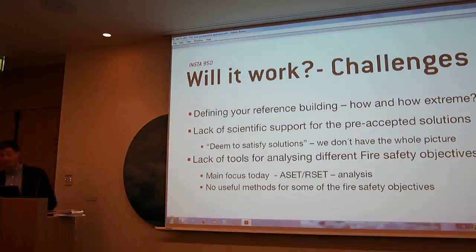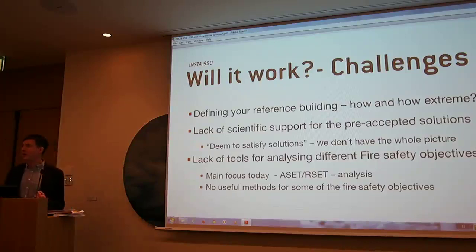But we also have challenges in what kind of analysis we can use. We are talking a lot about these fire safety engineering methods, and you can use them on every kind of fire safety objective, but we don't have any good tools to do it.